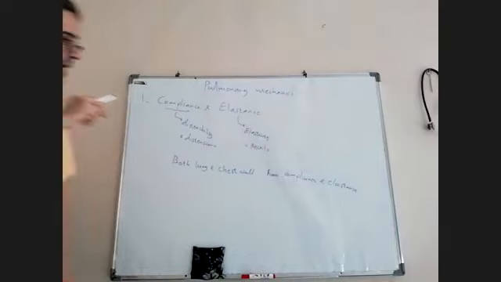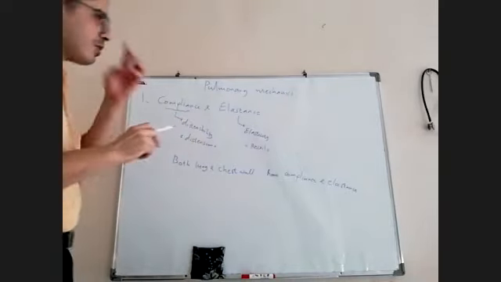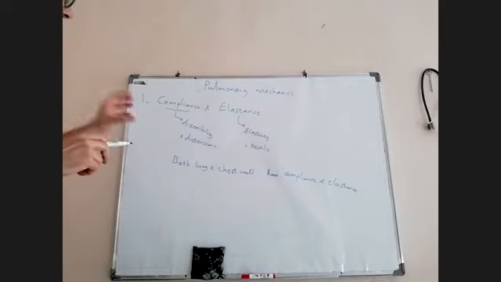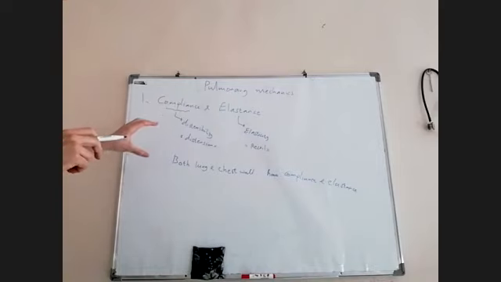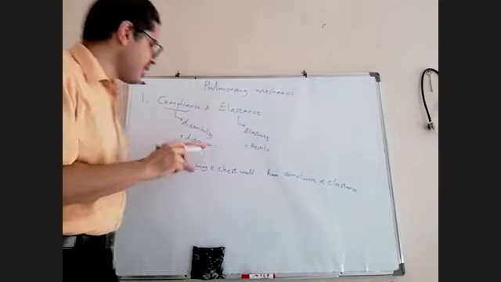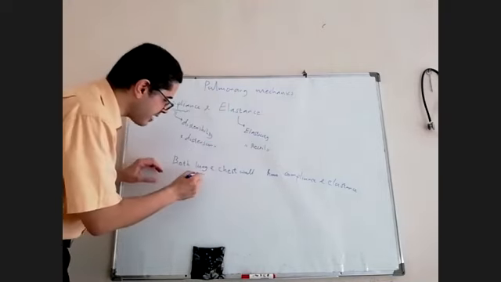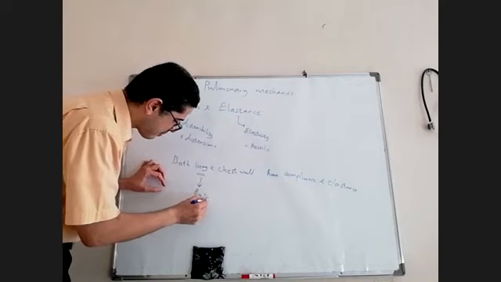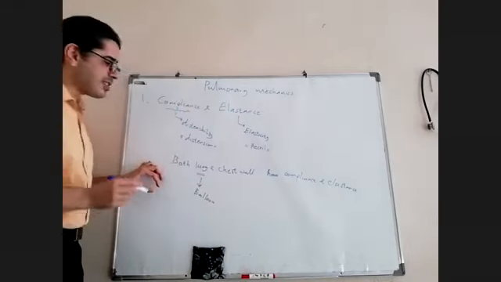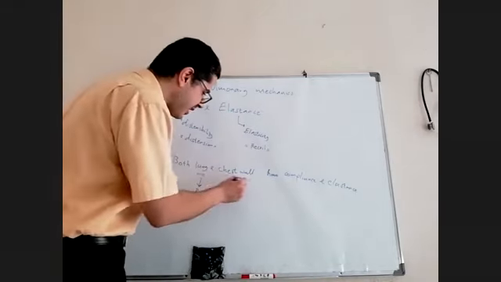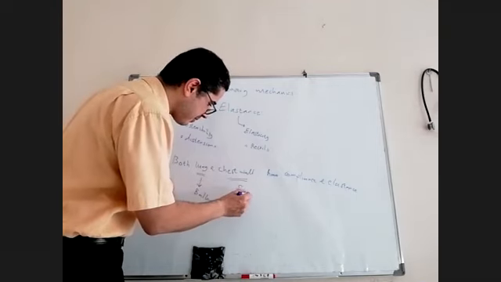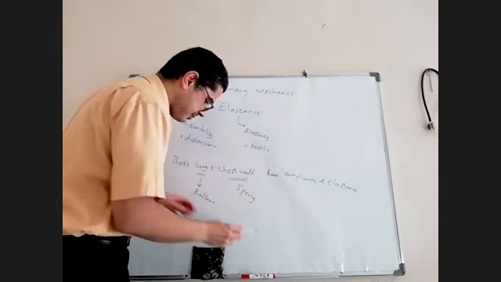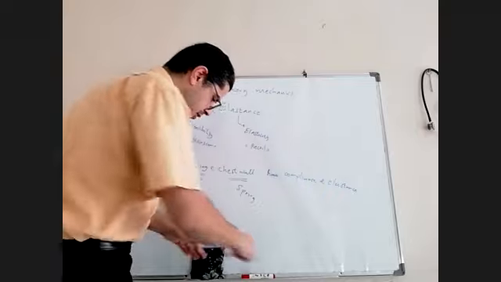So I give you an example of compliance and elastance in the lung. Imagine the lung is like a balloon, while the chest wall is like a spring.